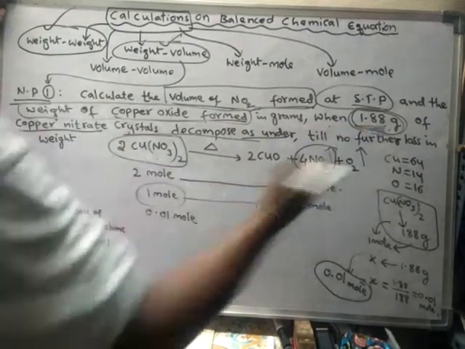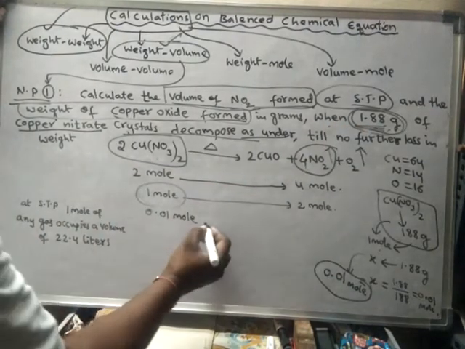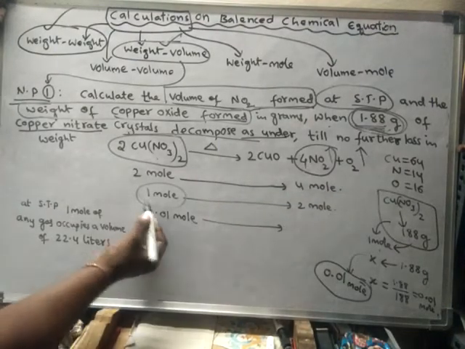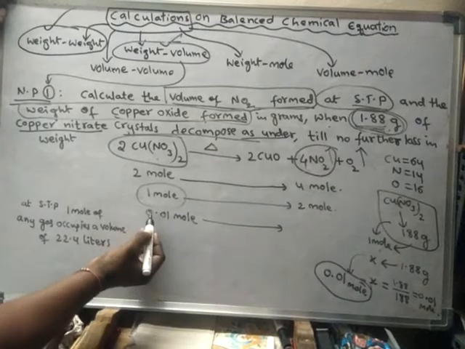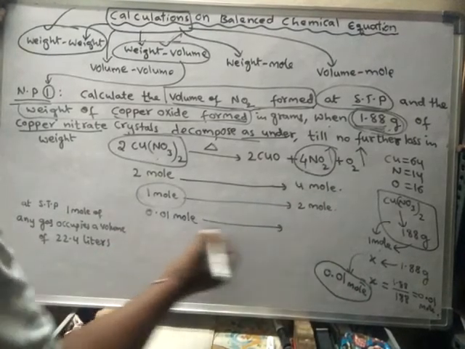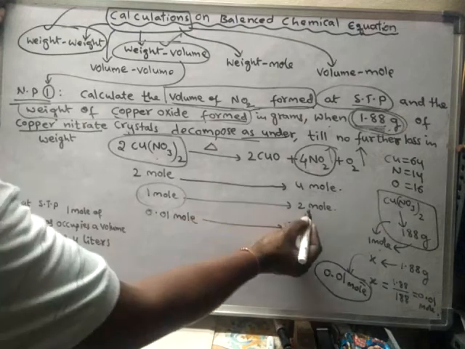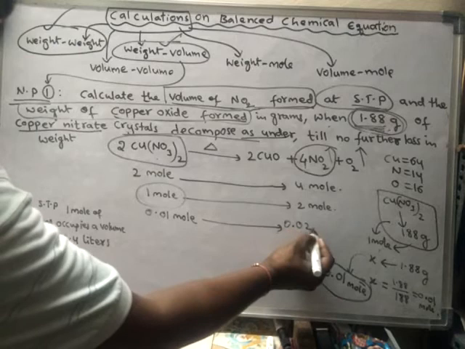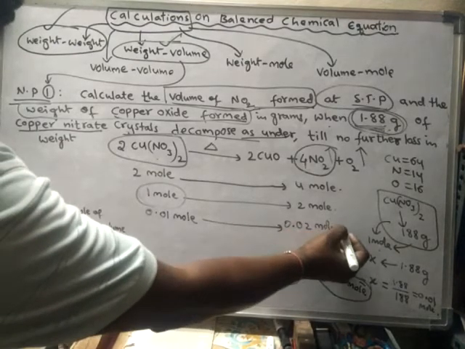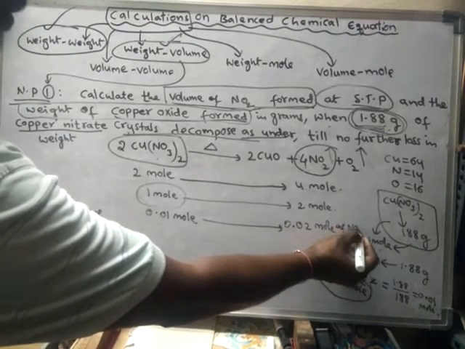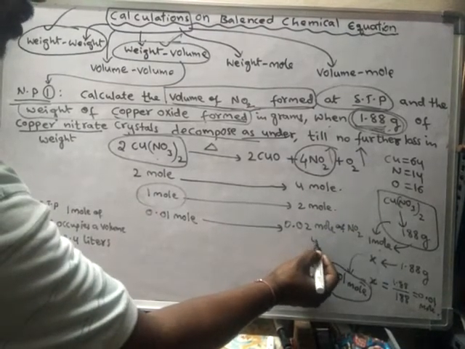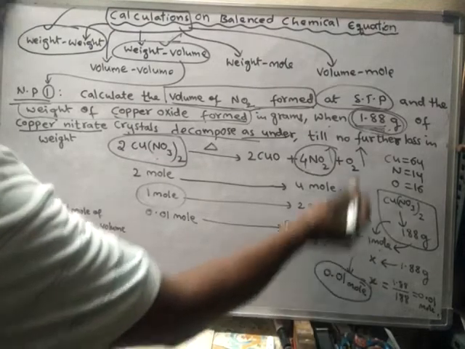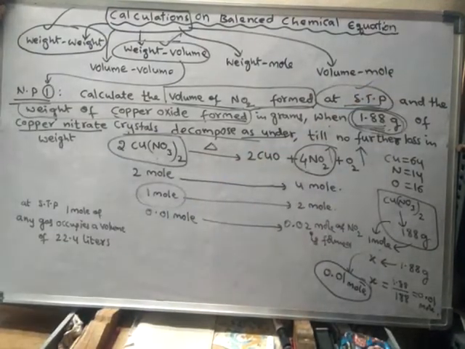Then how many moles of NO2 will form from this? 1 mole will produce 2 moles, then 0.01 will produce double. So 0.02 moles of NO2 gas is formed under STP conditions.